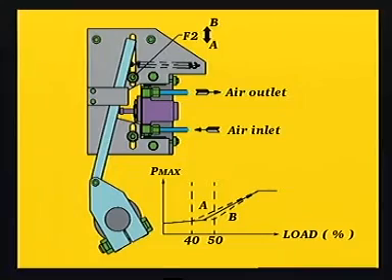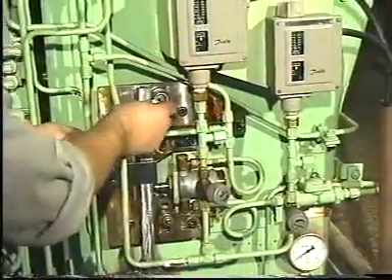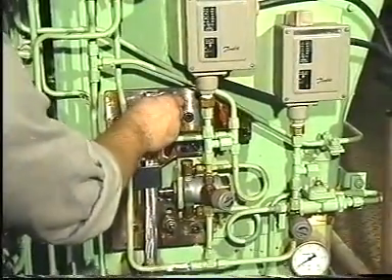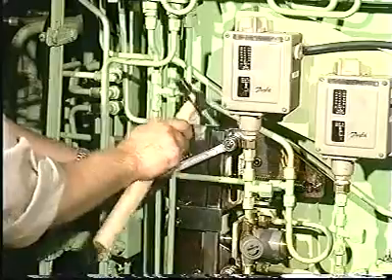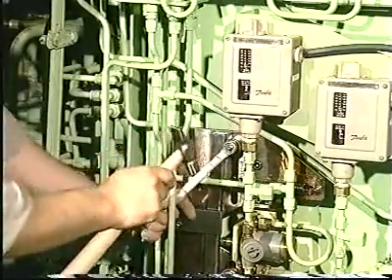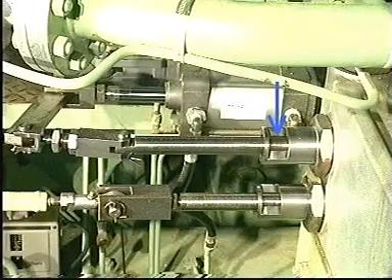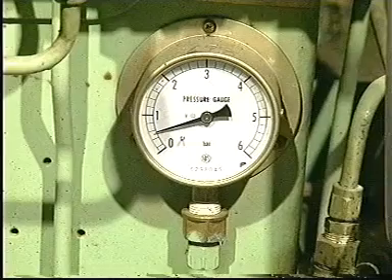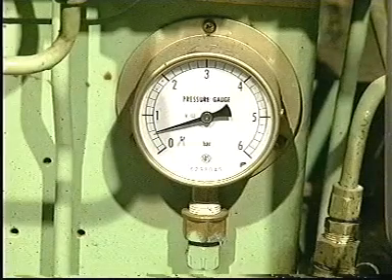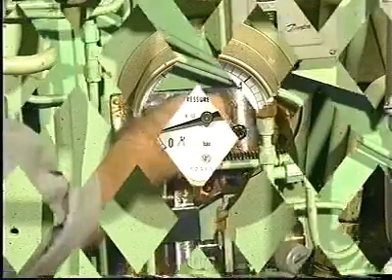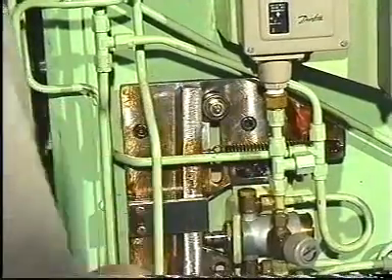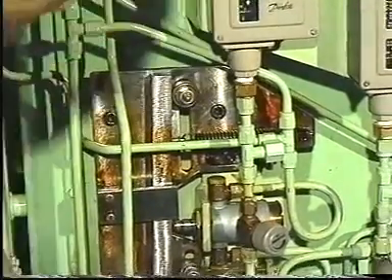Decrease the load until it corresponds to 40 to 50% MCR load and displace the uppermost pivoting point until the VIT racks just start to move inwards. This occurs at a control air pressure of about 0.5 bar. Lock the pivoting point in this position and change over to normal engine control.